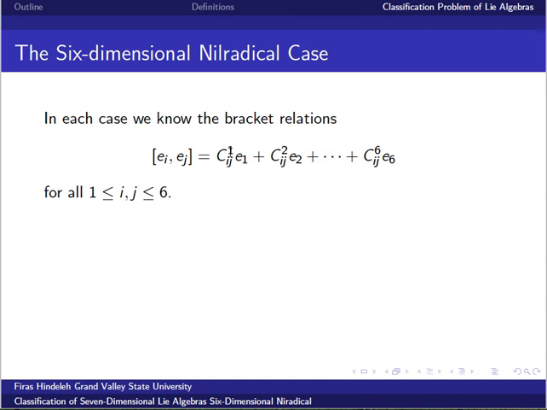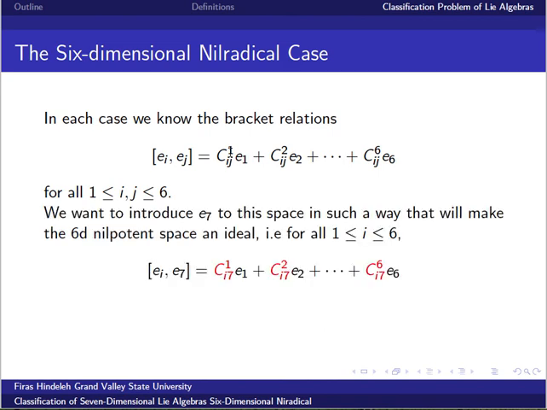Okay, so the only thing that is left for us to do is to know what is the bracket relation with Ei and E7. And as you can see, this should be a linear combination of all the E's. But we do not see E7 here. Now the reason why we don't see E7 is because we want E1 through E6 to be an ideal. So we cannot see E7 on this side.